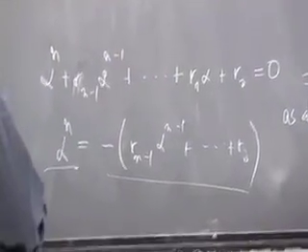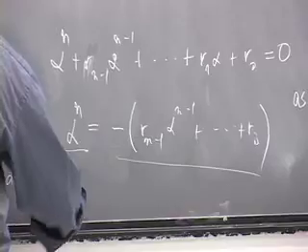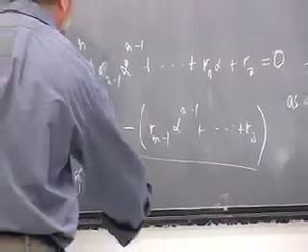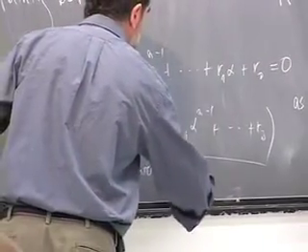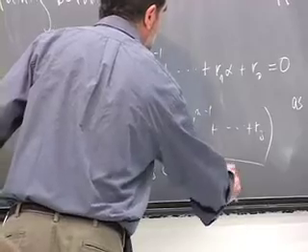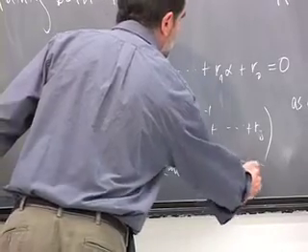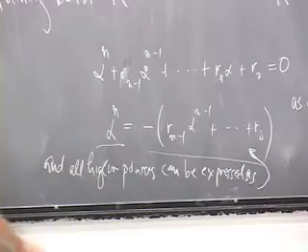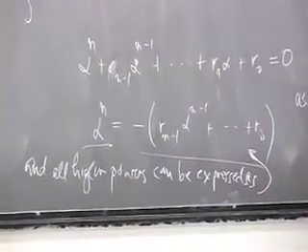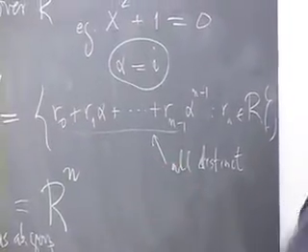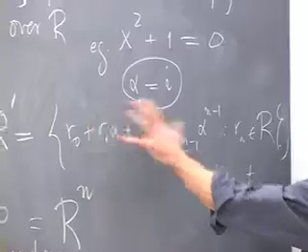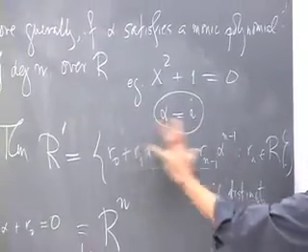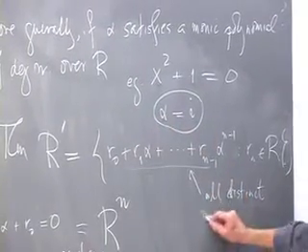So this and all higher powers can be expressed as a linear combination of the smaller powers. And in fact, these polynomials represent the different polynomials in alpha you get by adjoining alpha to R. They're all distinct, none are 0.